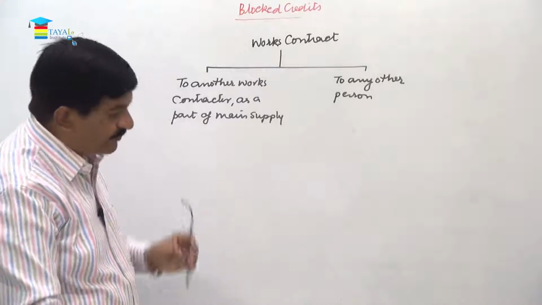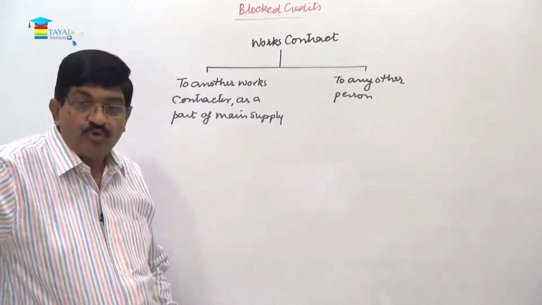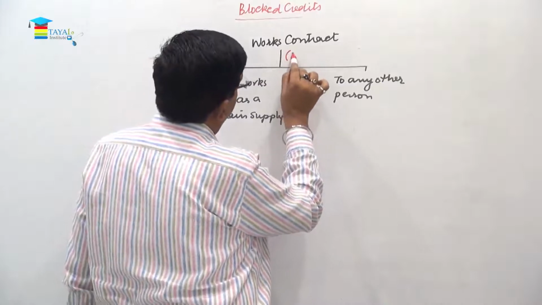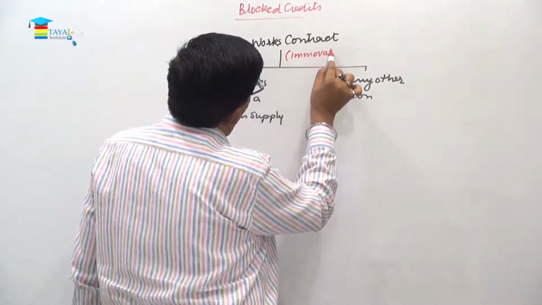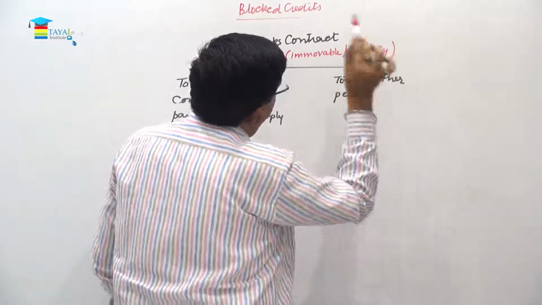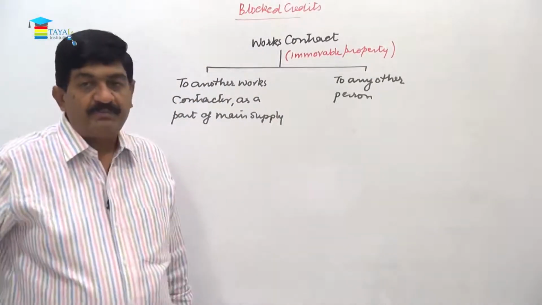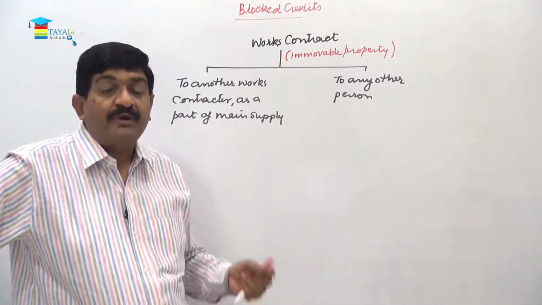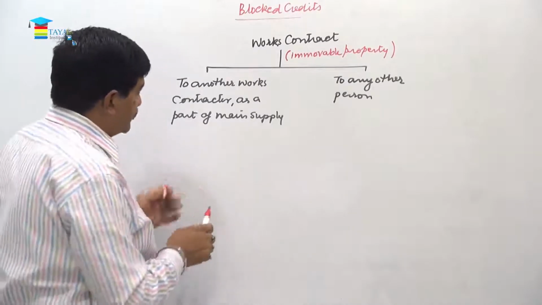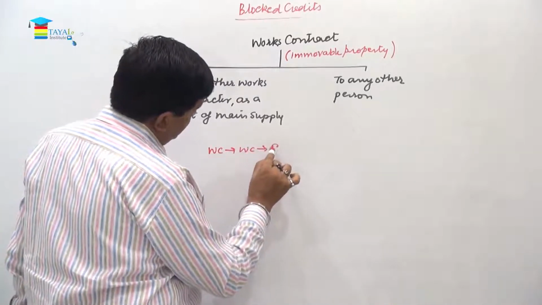So when the services of the works contract are given in relation to immovable property, and the services are being given by a works contractor to another works contractor, and then comes the customer.